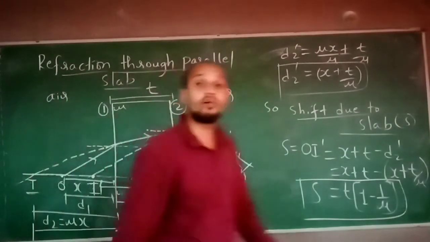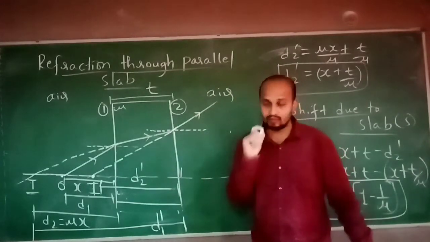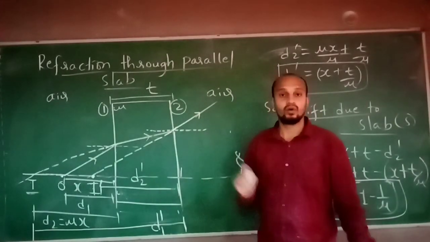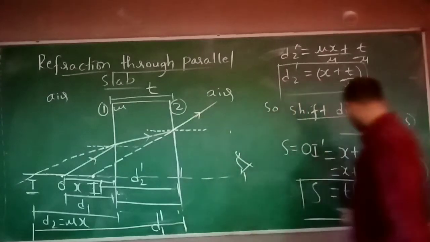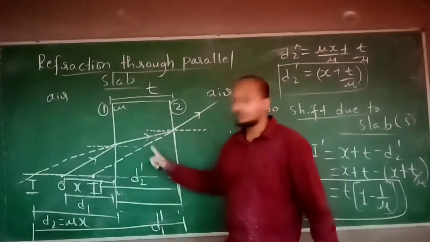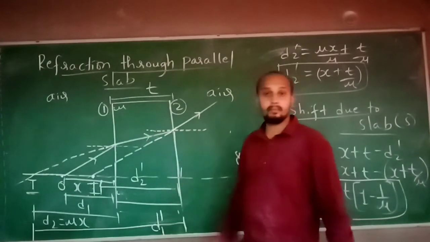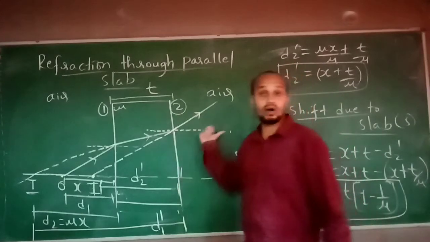With respect to whom? With respect to the observer medium. This point I am stressing more, you have to remember a lot. When I write mu, this is the refractive index of the glass with respect to the observer medium. Are you understanding? With respect to the observer.